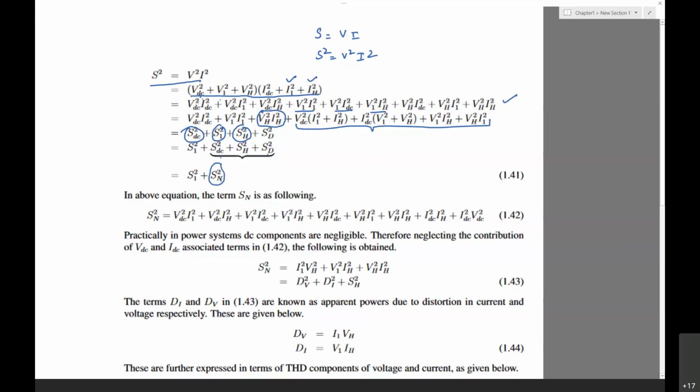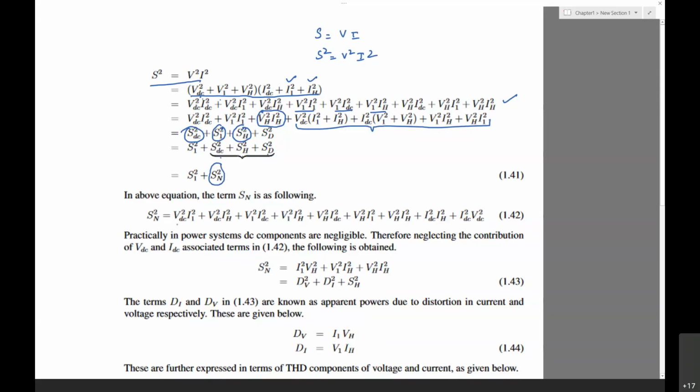It has been labeled as S square of N. Now looking at this particular equation of S square N, making out the S square N terms.